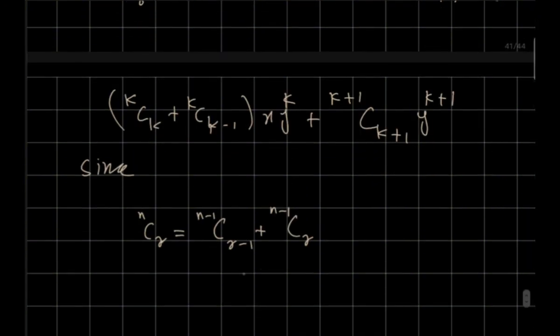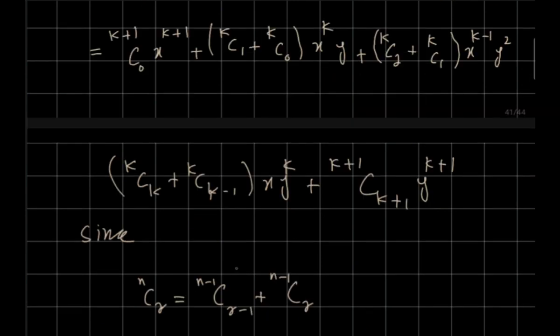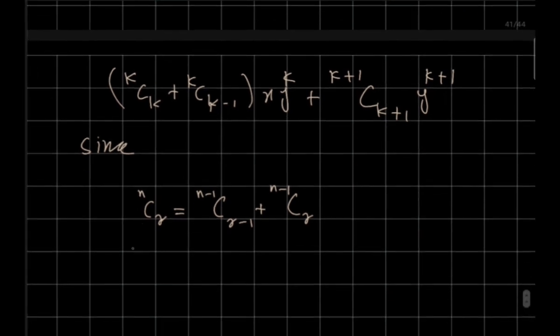So we have this formula, but now we don't have n minus 1 because here is k, here is k. So we need this formula in n. So we replace n by n plus 1. If we write n plus 1 CR, here you will write n plus 1 instead of n, you will get n.